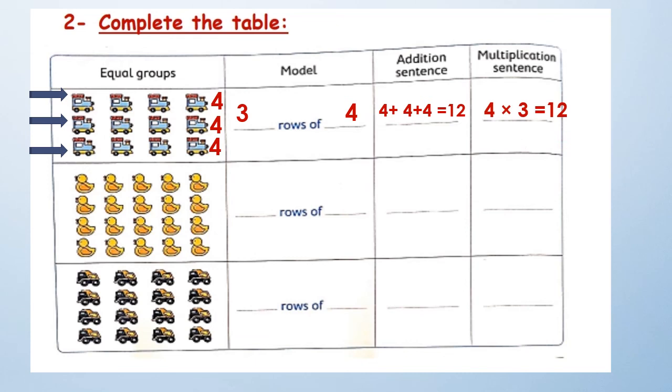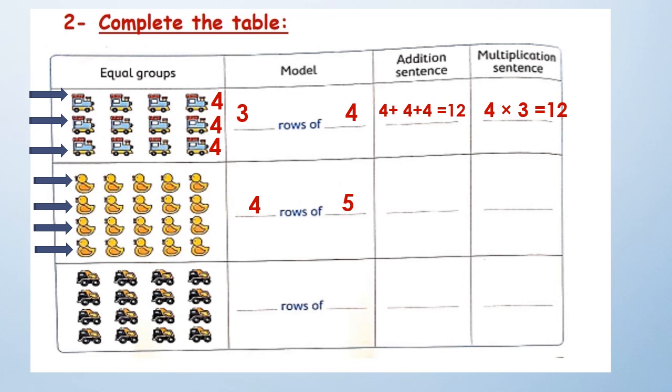The second array, let's count how many rows. 1, 2, 3, 4. I have 4 rows and each row contains 5 items. So the array will be 4 rows of 5. Let's write the addition sentence.